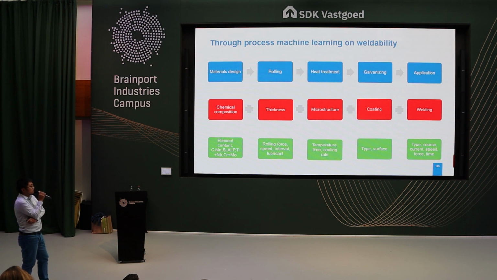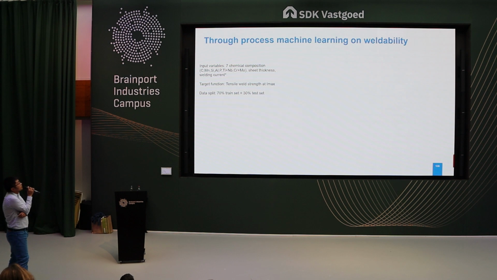For microstructure, there is temperature, time, and cooling rate. For coating, there is type and surface. And for welding, there are also local welding situations. So we are not capable of creating a model to include all the blocks for now, but to start with, we have picked some of these blocks.